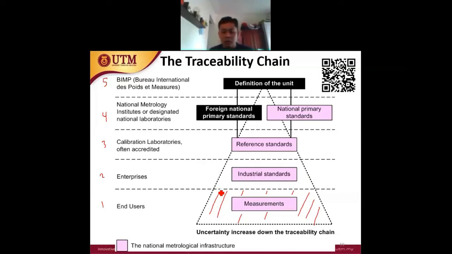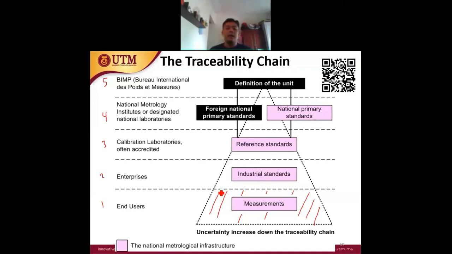So we can say the level of confidence is the lowest, but the measurement should fulfill the requirement for certain aspects.